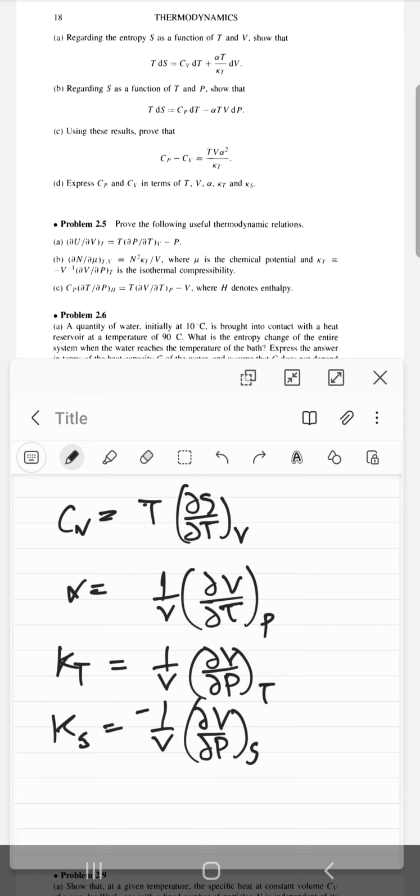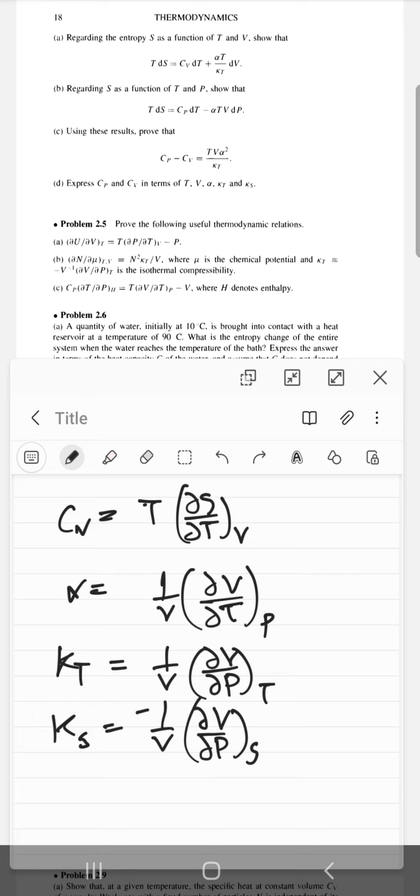Think about it. Partial V, partial P at constant temperature, pressure, entropy. Interesting. We're simply converting it to another equation. There is pressure and there is entropy. Is there anything that is common between each of these?